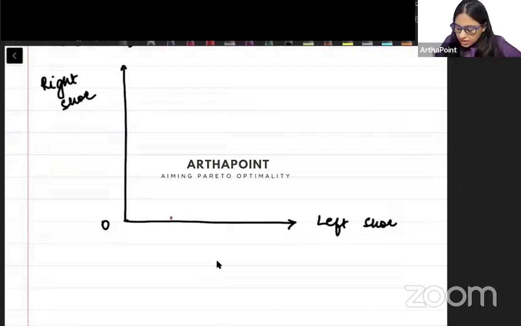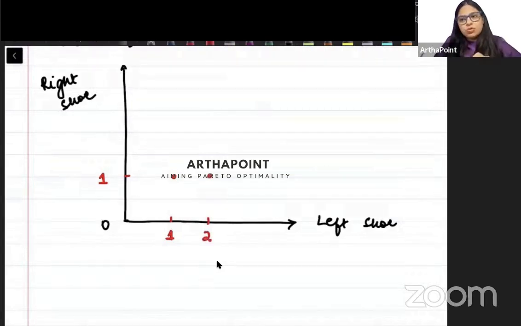So I am saying if you give me one left and one right, whatever my utility is, it remains the same. If you give me two left and one right, then also I get the same, only one pair. If you give me three left and one right, then also I will get the same satisfaction.